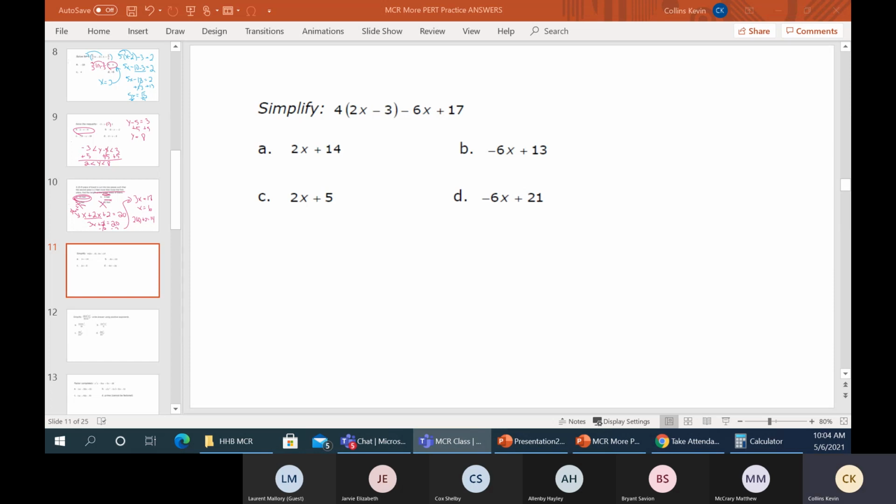All right, we got a couple votes for C. Let me show you a good strategy for these kinds of problems.